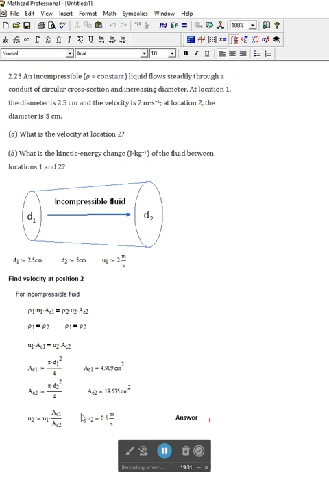So anyway, this is a simple example with MathCad showing the calculation of the velocity at position 2. We have a schematic. We gave our given information here, defined our variables. We did some very simple algebraic manipulation with the symbolic equal sign.